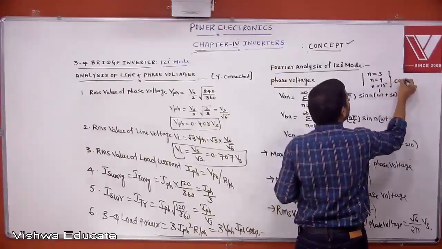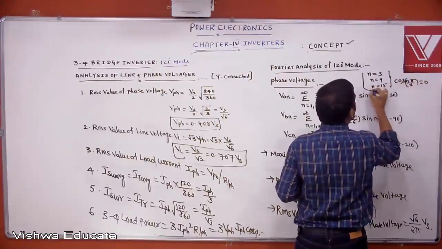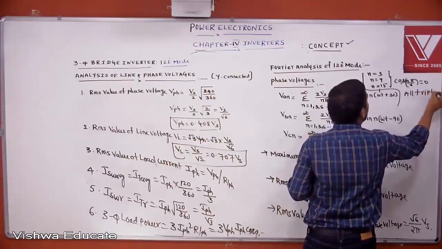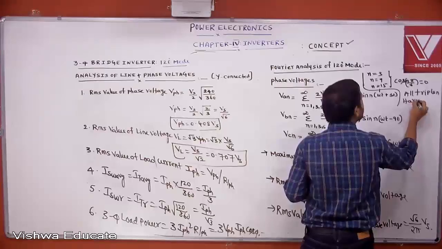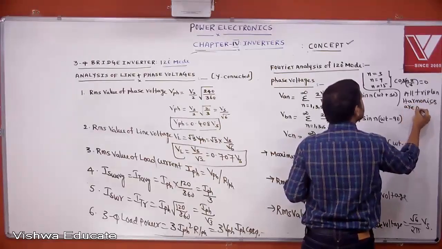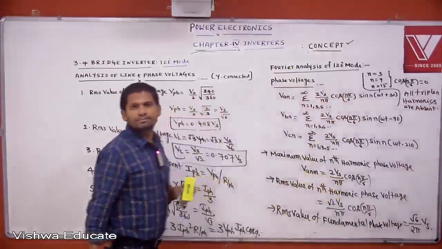What is the cos of n pi by 6? Cos of n pi by 6 equals 0. Therefore, all triple n harmonics are absent. That you know.